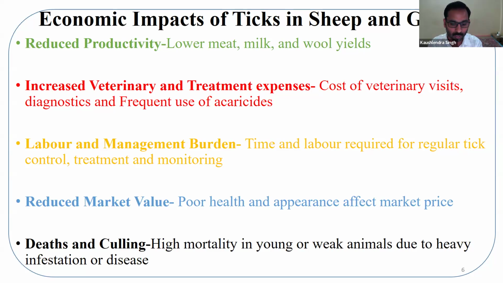Labor and management burden also increase, with the time and labor required for regular tick control, treatment, and monitoring. They also reduce the market rate of the animal because of its poor health and appearance. And if the tick infestation is very high, the animal may die due to tick toxicosis or tick paralysis.